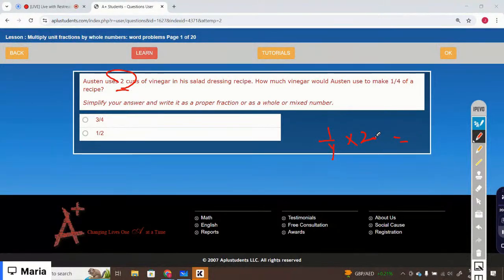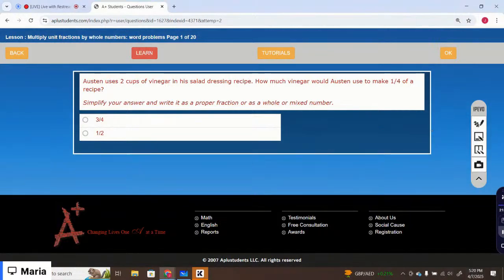So 2 times 1 is 2, 2 times 4 is 4, so that is 1/2. Option number 2 is the correct option.